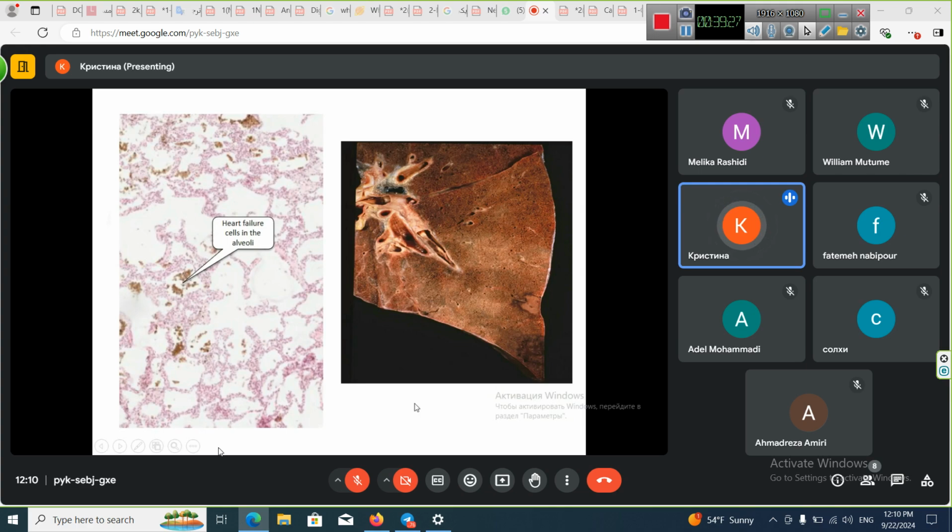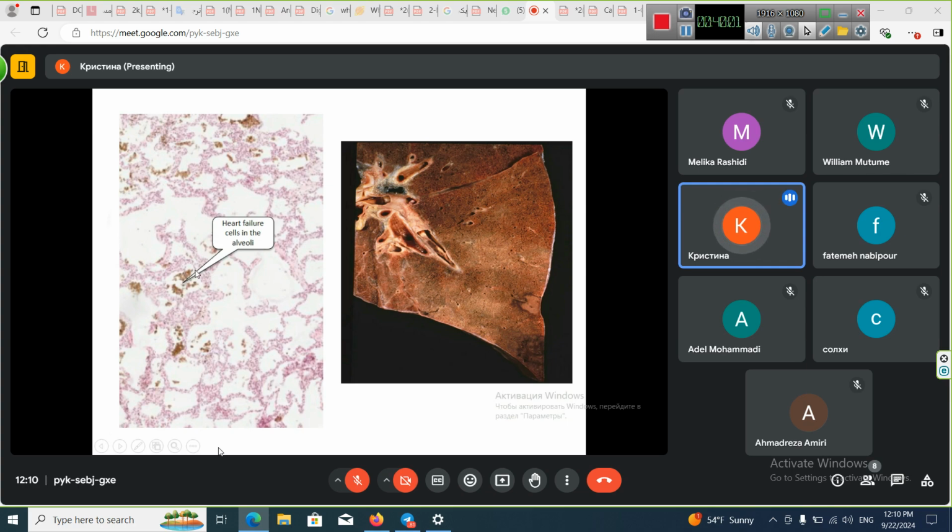So here you see brown induration of lung, anatomical preparation. Here you see that lung is brown and hard, and histological preparation. Some alveoli look rather normally, they are not filled with anything inside, and the walls are very thin in some areas, like here and here, but in other areas the walls are thicker, and here also it is not normal.